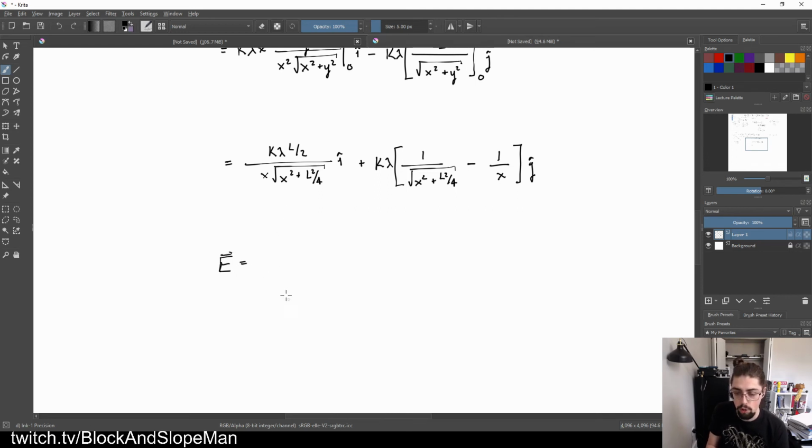So when we plug in the Q over L, this turns into 2x square root x squared plus L squared over 4 i hat. I'm not even going to bother with this piece, right? This thing is fine on its own. This can keep doing whatever it's doing already.